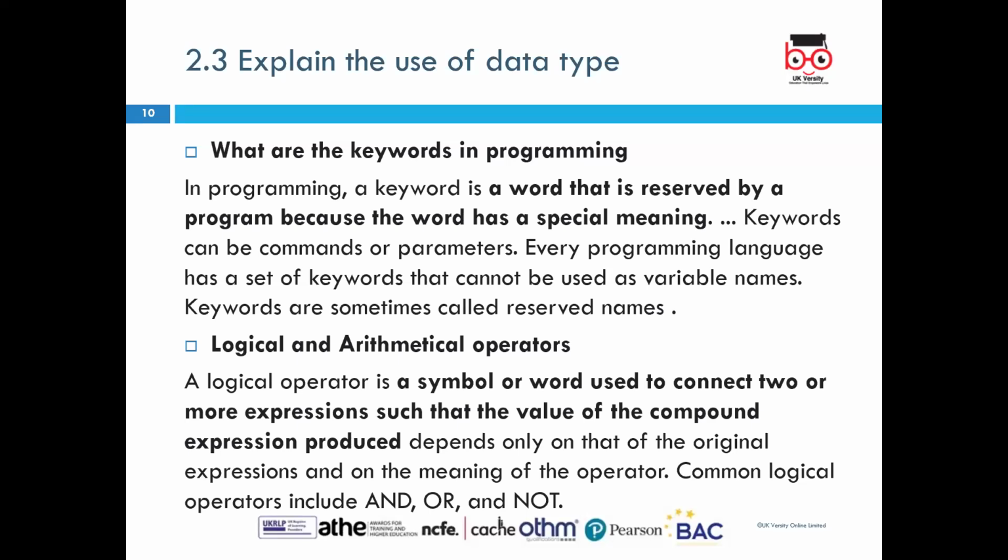Logical and arithmetical operators, such as and, or, allow us to connect two or more expressions into a compound expression. So we can add two statements together, or check either one or the other.